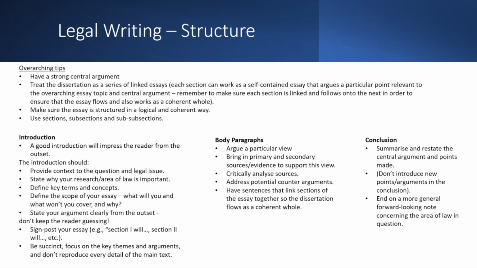So again, going back to that list you have of the different sections and the different points that you are going to be making, which will ultimately build up to your overarching conclusion based on the issue. Be succinct, focus on the key themes and the arguments, and don't reproduce every detail of the main text in the introduction.